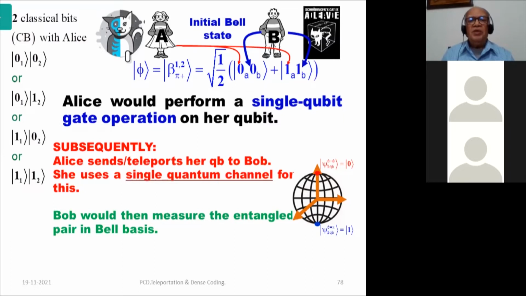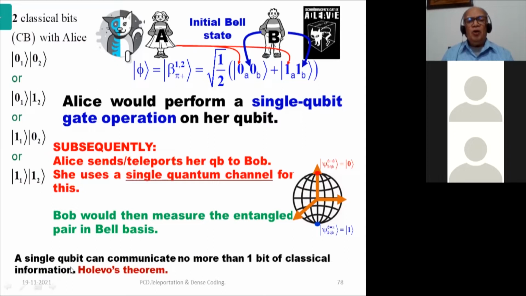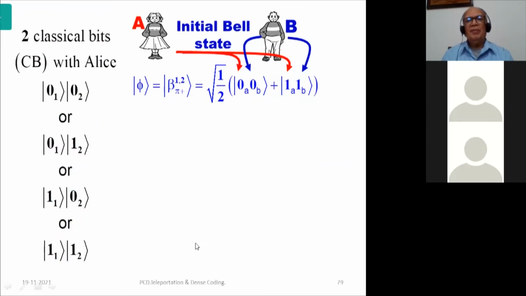A single quantum channel will be used for this. And using that qubit, Bob will then figure out which of these 4 pairs of classical bits she has. So a single qubit is all she will be using. And if she manages to send information about 2 classical bits, then it is dense coding. It is in a certain sense going beyond the Holevo limit, but using some additional resources of Bell states.